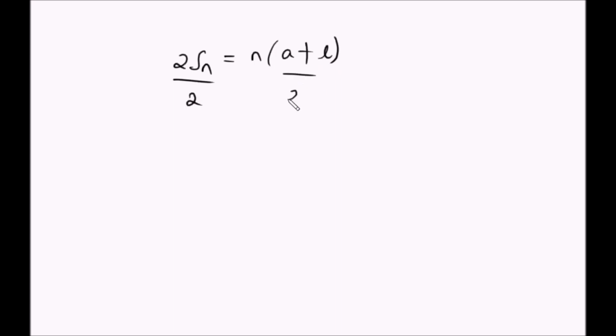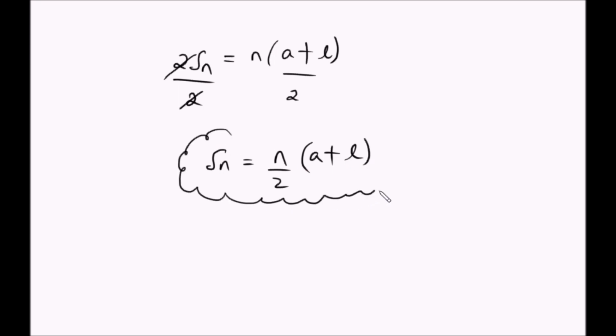So divide by 2 both sides. You get the sum of n terms is actually n over 2 times A plus L. So this now is the formula of obtaining the sum of n terms in an arithmetic progression.